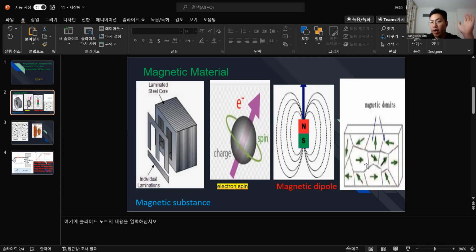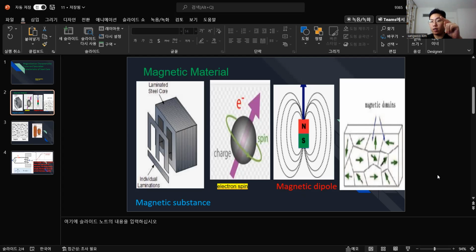As you can see, at first this is random, right? The direction: the arrow's point is N, and the start is S. So the direction is random.